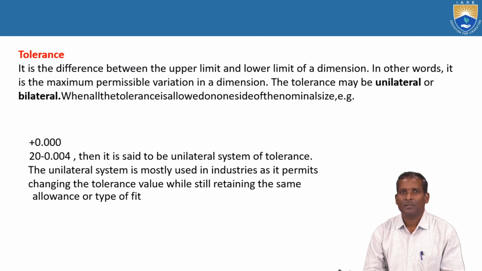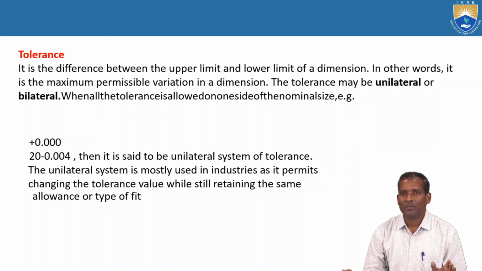Next one is tolerance. So what do you mean by tolerance? It is the difference between the upper limit and lower limit of a dimension. So here shaft tolerance and hole tolerance are different.